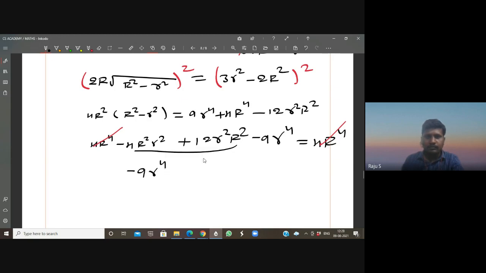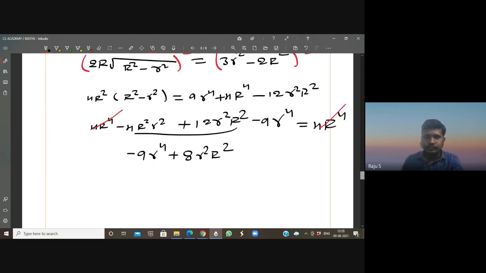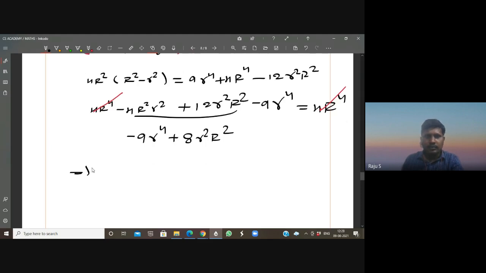What about these two? Shall I write plus 8 r square capital R square? So what is the common should I take? Shall I take minus r square as common? Yes. 9 r square minus 8 capital R square is equal to 0. One of the values is r equal to 0 because minus r square is equal to 0.